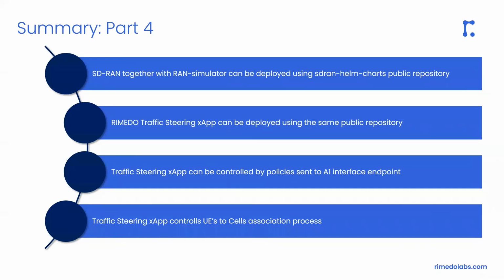Then our traffic steering xApp can also be deployed with the same public repository. And then if we want to influence the behavior of the UEs to cells association, we need to send some policies to the A1 interface endpoint, which is already deployed using this SD-RAN Helm chart.